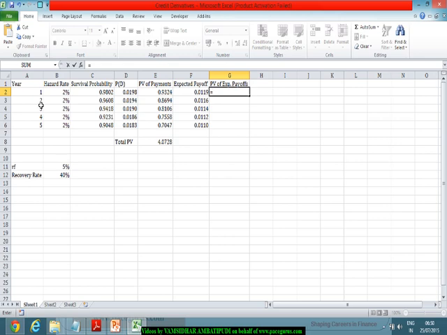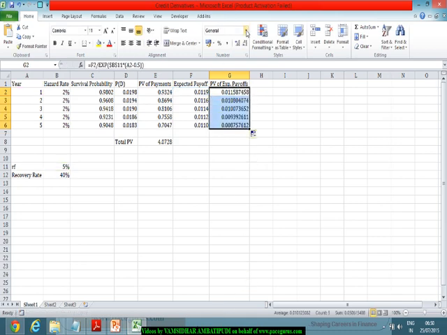Similarly here 1.5 years, 2.5 years, 3.5, 4.5. So I'll do this divided by e to the power of r t, taking this minus 0.5, because this is what is going to happen. So the present value of the expected payoffs is coming out to be this number.